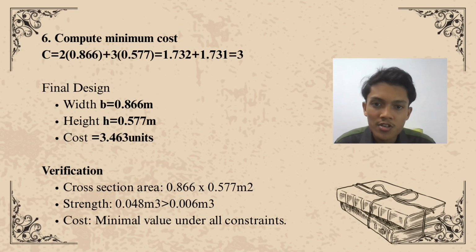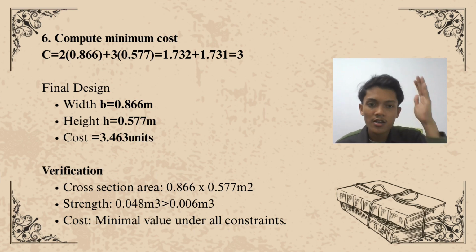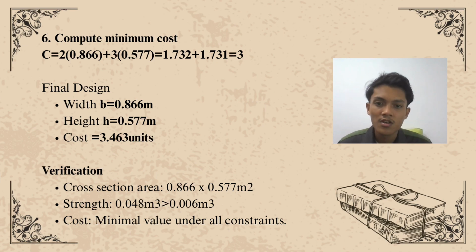Then we compute the minimum cost, which is 3.463. So the final design is: the base is 0.866 meter, the height is 0.577 meter, and the cost is 3.463 units.